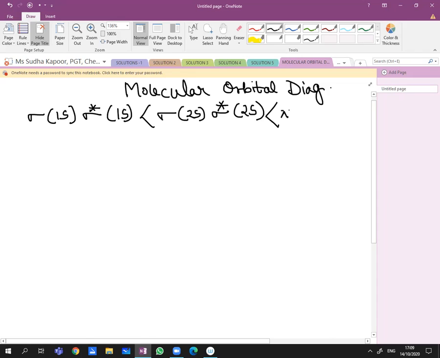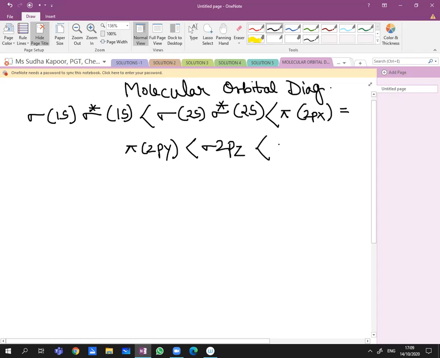Now comes the case of pi 2px. As we discussed at the start, 2px has an energy equal to that of pi 2py. Both of these are considered degenerate in the molecule. After that, there is a term sigma 2pz.